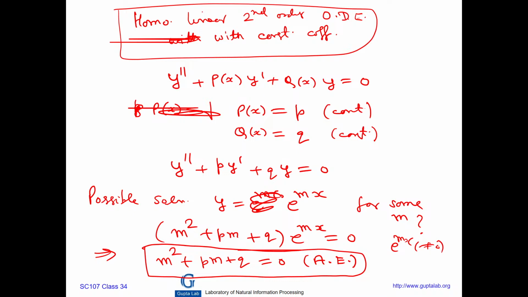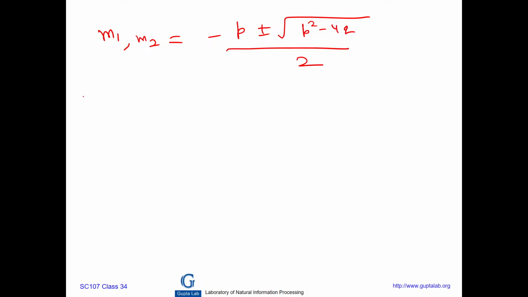So now you see, I say that the roots m1 and m2 are equal to minus p plus minus square root of p square minus 4q divided by 2. Case 1, when p square minus 4q is positive.